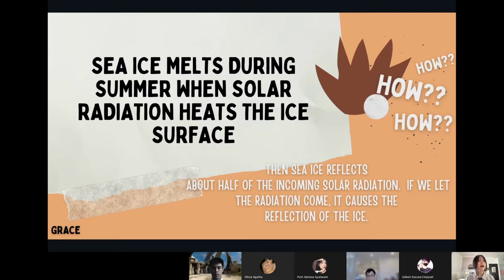Next, sea ice melts during summer when solar radiation hits the ice surface. At first, sea ice reflects about half of the incoming solar radiation, and then if we let the radiation come, it will not reflect off the ice, which will not balance the situation.